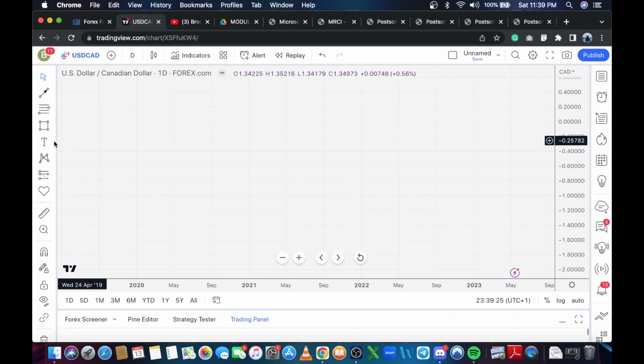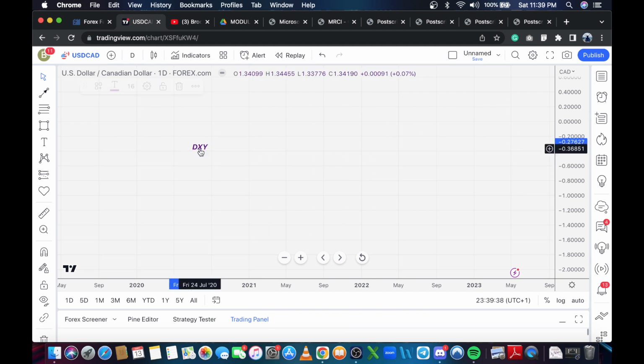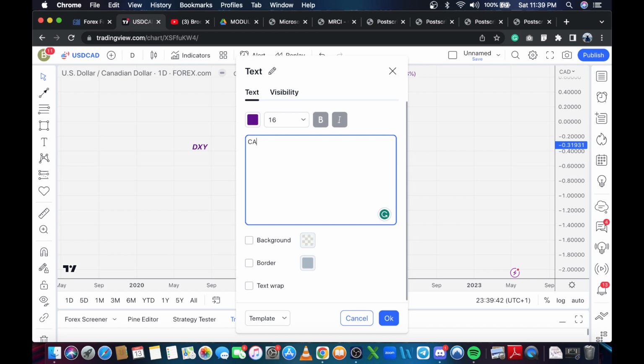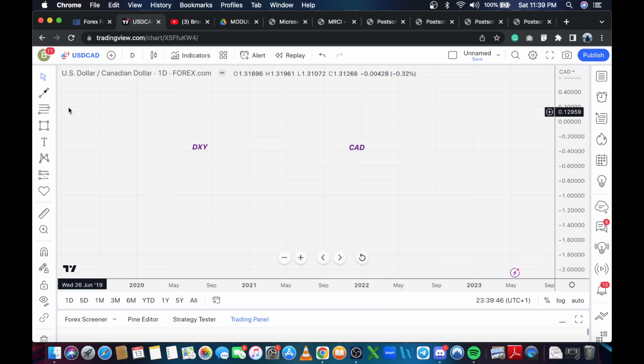So let's use this as an example. If we have the dollar poised to trade really, really bullish, so we have the DXY poised to trade really bullish, and then we have, let's say, the Canadian dollar poised to trade really bearish, that will create a very one-sided market condition for USD CAD.